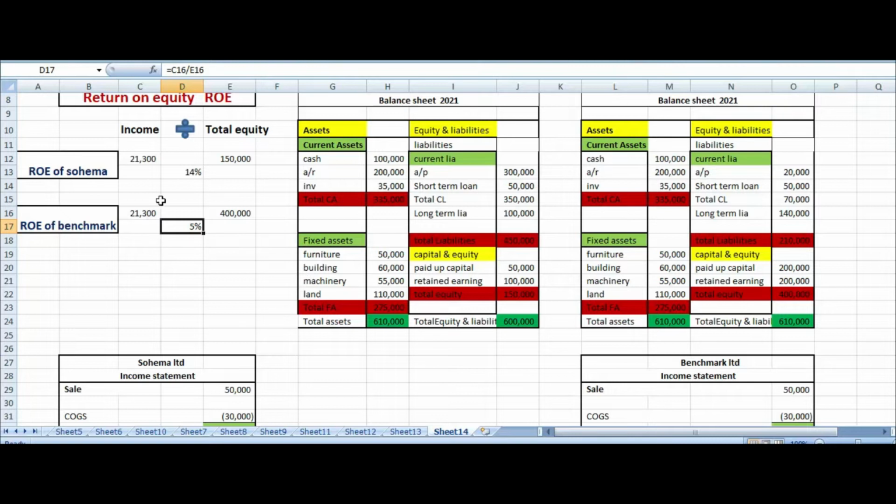Why is the ROE of Soima Limited better than benchmark? We will see this through DuPont framework analysis, which will let us know where benchmark hasn't performed better, and how Soima Limited performed better than benchmark in terms of profit, in terms of return on equity.